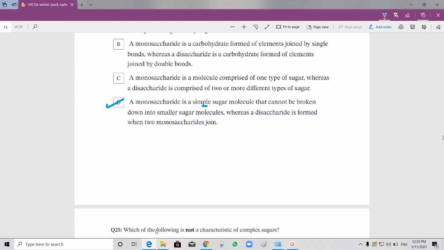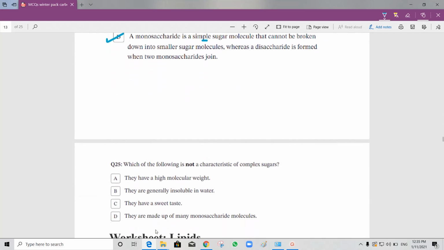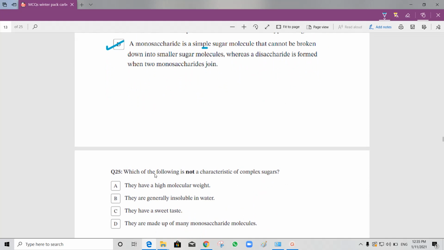The last question for carbohydrates: which of the following is not a characteristic of complex sugar? Question 25. The correct answer is C. Complex sugars do not have a sweet taste.